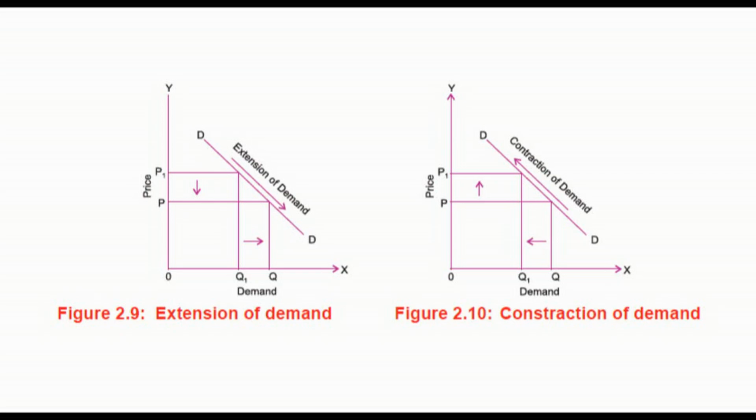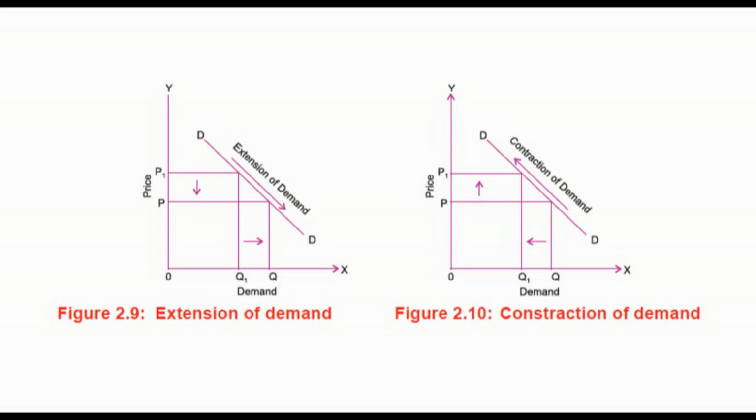These are the diagrams that show change in quantity demand. The one on the left represents extension of demand, and the other on the right represents contraction of demand. There is a downward movement on the diagram that represents extension of demand.